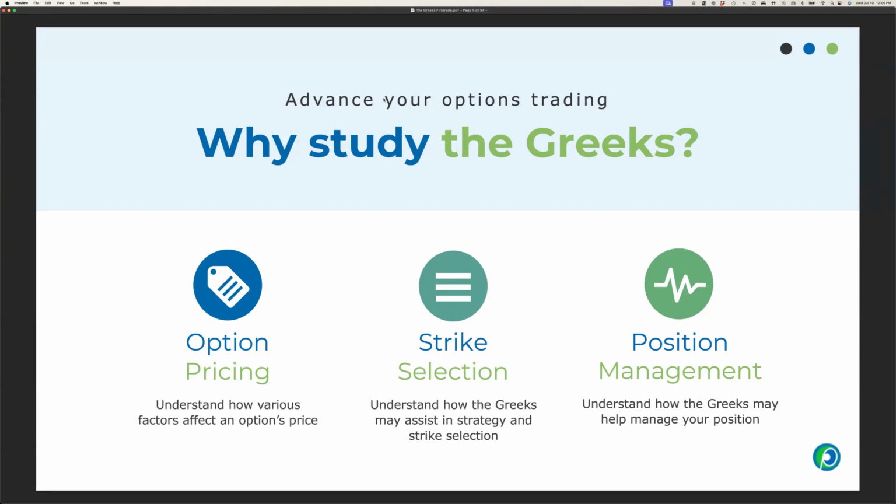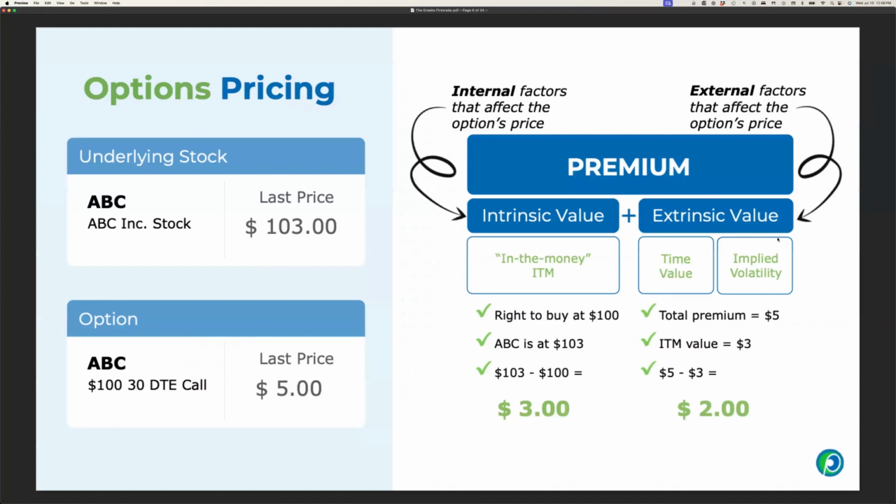And that kind of goes back to the first point, option pricing, because when you're looking at the Greeks, that's going to help you understand how much exposure you have to a specific factor, and whether or not it makes sense for you to stay in that position, potentially adjust that position, or close that position. So there's many reasons why, if you're trading options, it's important to understand and study the option Greeks.